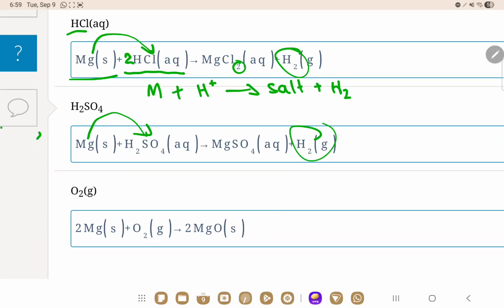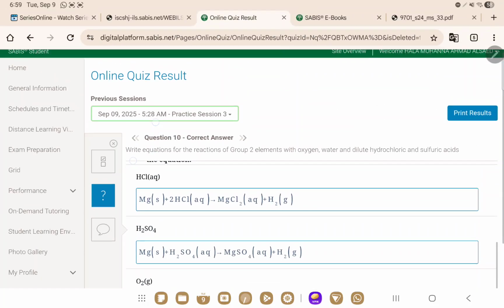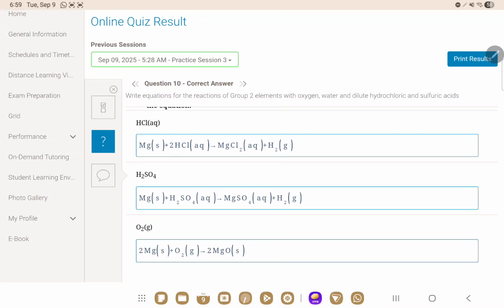Again, it's the same as the one above it, just a different example. Now with O2, look at it, Mg plus O2. Since O2 is 2, and you can't have MgO2, you need to have MgO. Since it's O2, you need 2 moles of MgO. And it's like math, honestly. Let's move on. This question is really easy.